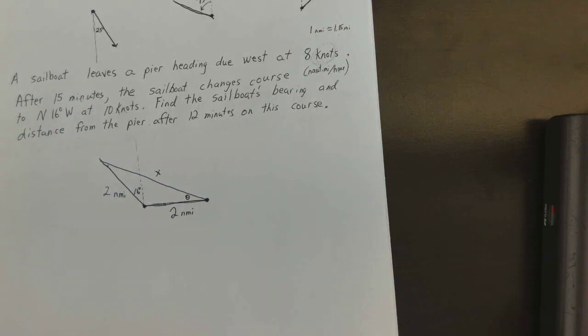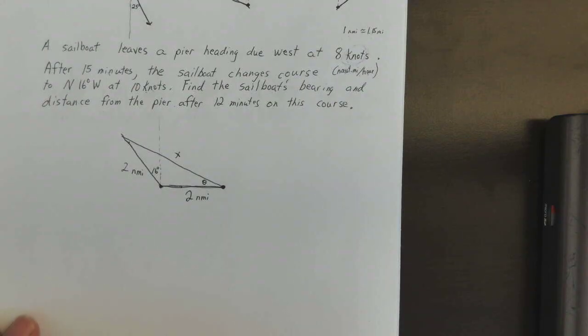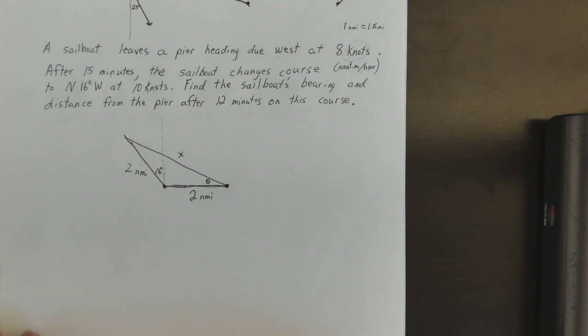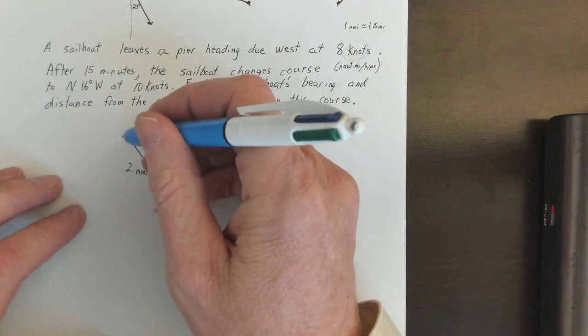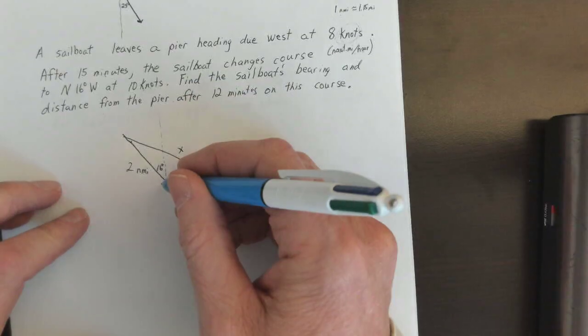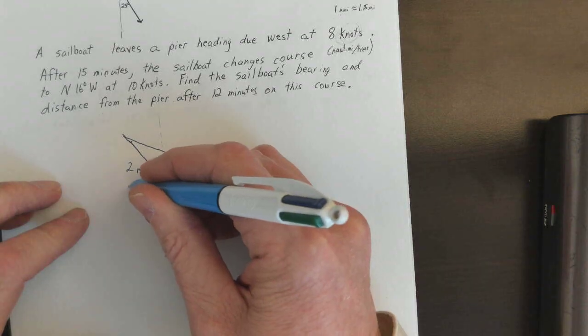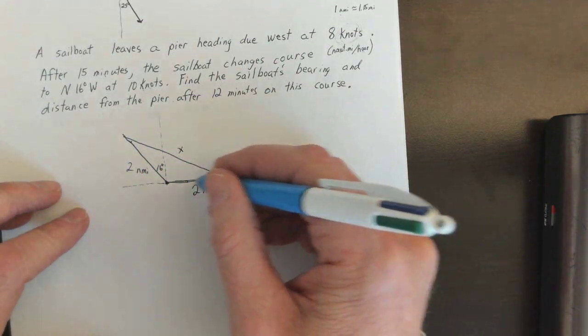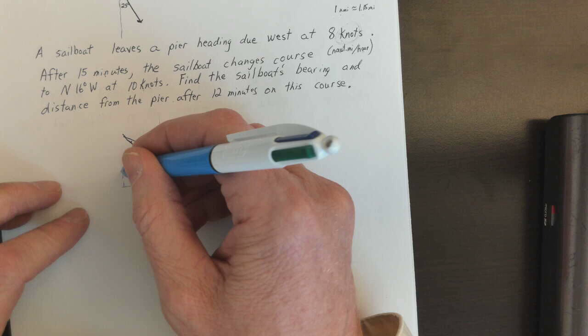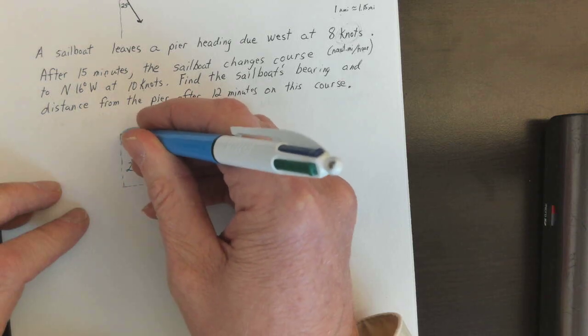One of the things we can do here is to complete this and make a right triangle going all the way west and then going all the way north here.